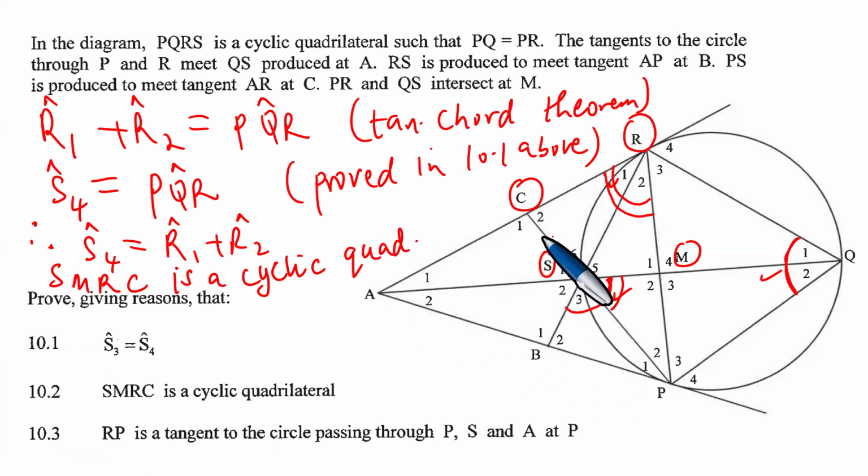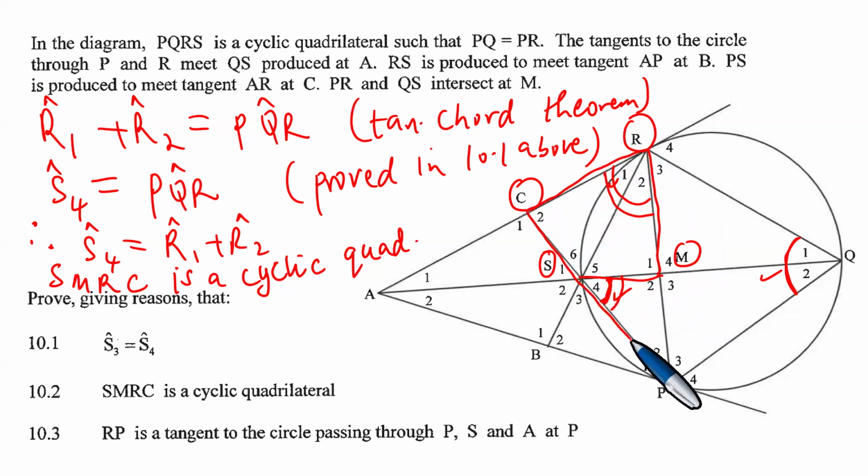Why is SMRC a cyclic quad? Well, we have already seen that this angle S4 is equal to R1 plus R2. This is this type of a situation.